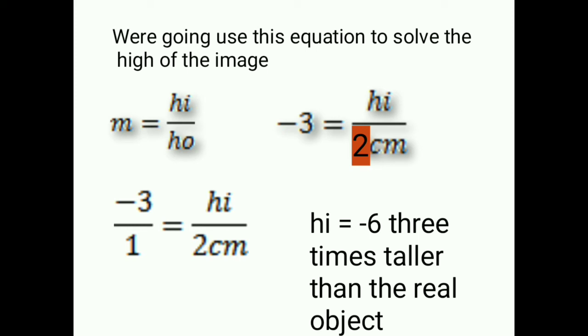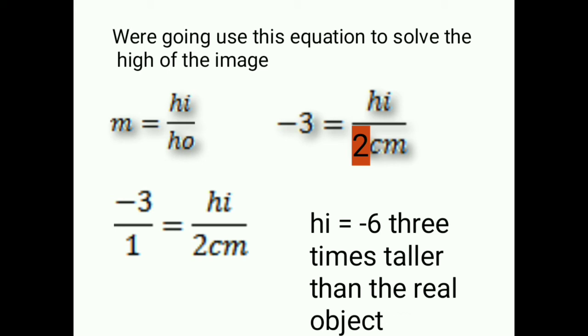Negative 3 over 1 is equal to the height of an image over 2 centimeters. Then hi is equal to negative 6, which, if we ignore the negative sign, is 3 times taller than the real object, and negative stands for the direction of an image.